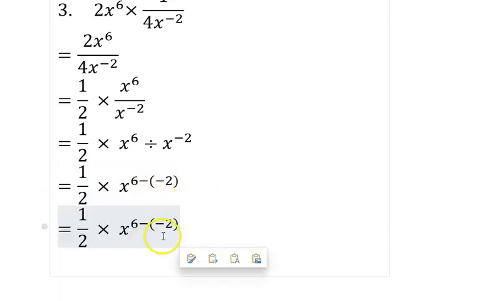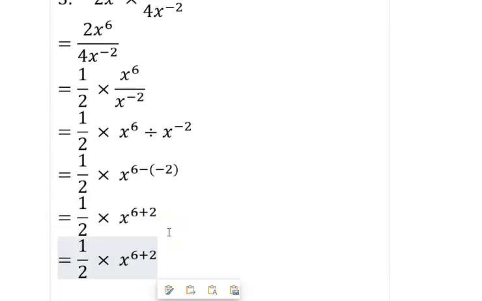Awesome. So with this, minus times minus gives us plus. So 6 plus 2 gives us what? 8.